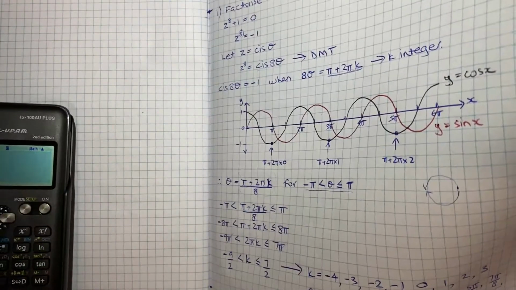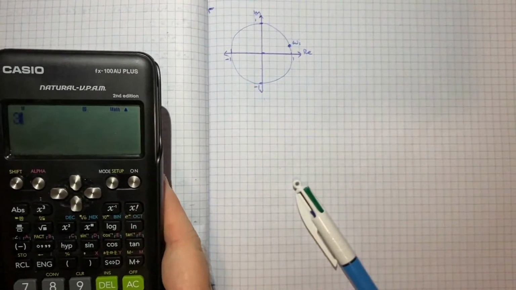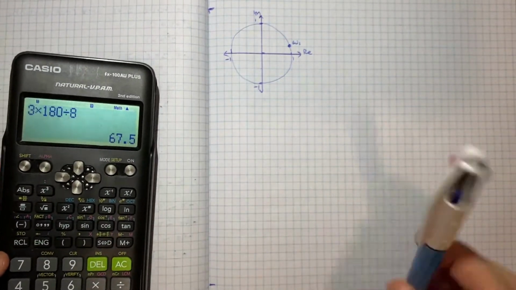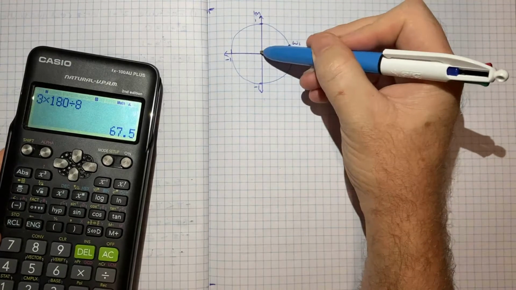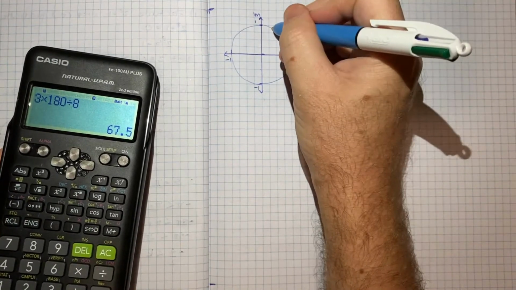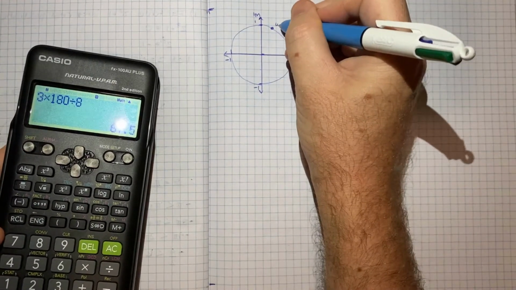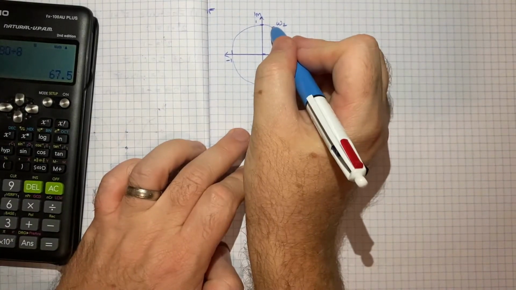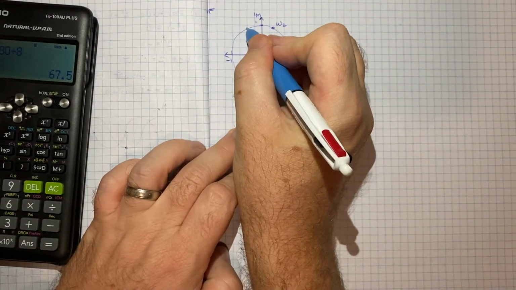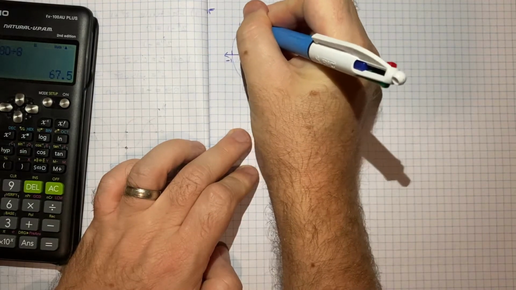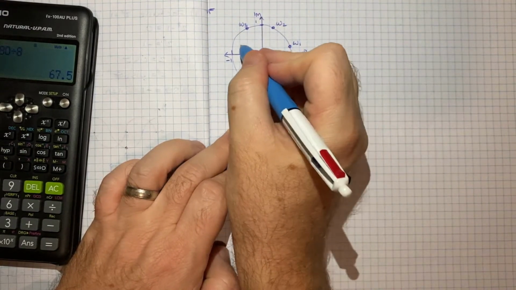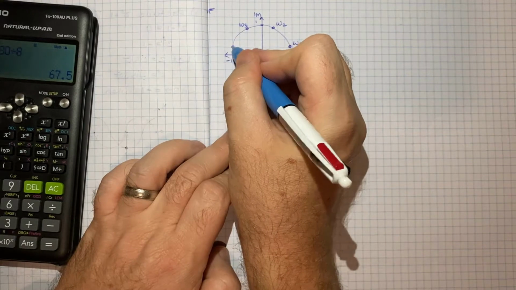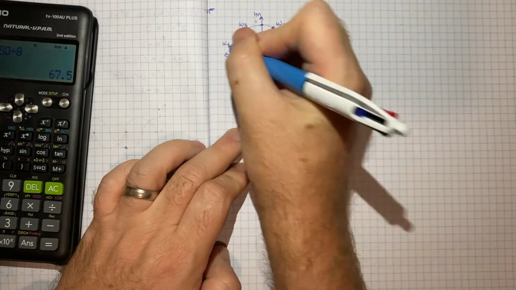If we look at 3 pi on 8, so 3 times 180 divided by 8, 67.5 should be about here. We'll call that omega 2 for the second solution. Now from here I can just kind of come across. That'll be omega 3. I can come across here. That'll be omega 4.